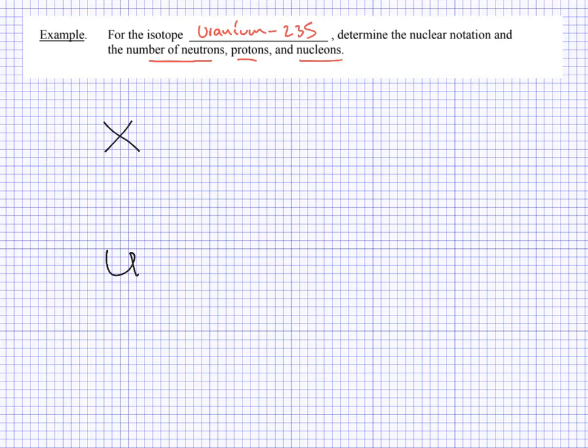Then we have letters A and Z. Now, A represents the number of total nucleons. Now, remember, a nucleon is whatever exists inside the nucleus. So this is going to be protons and neutrons, not electrons. So A represents the number of nucleons.